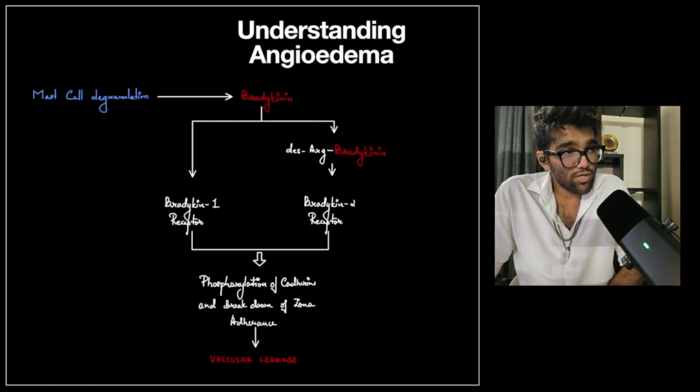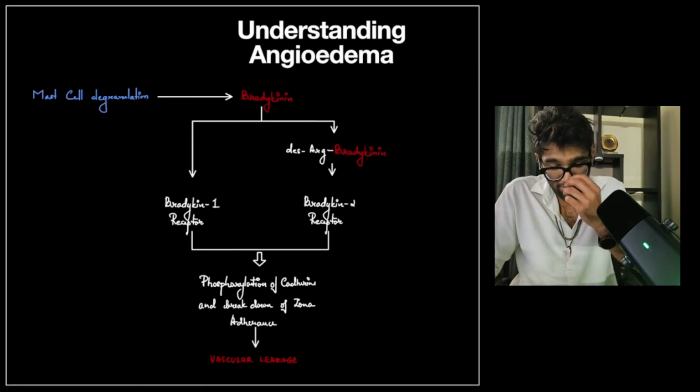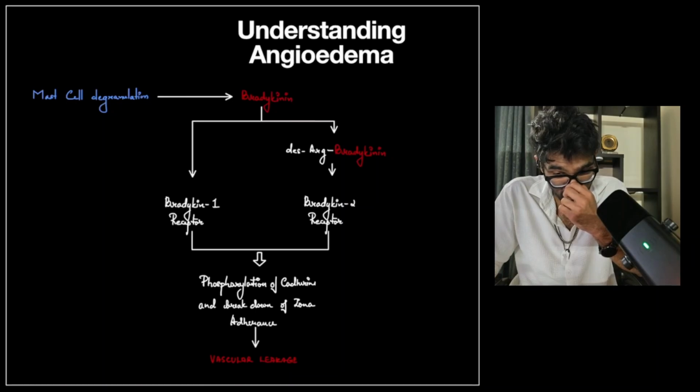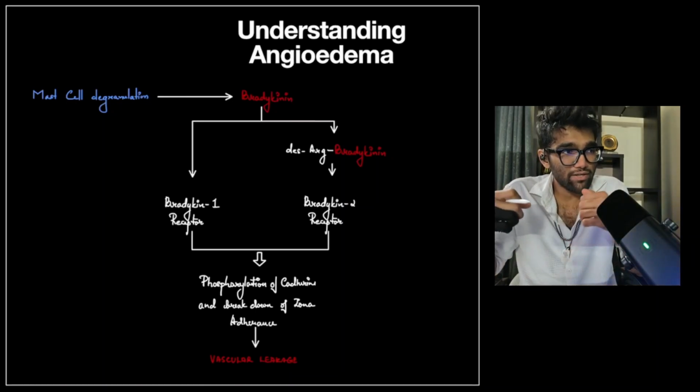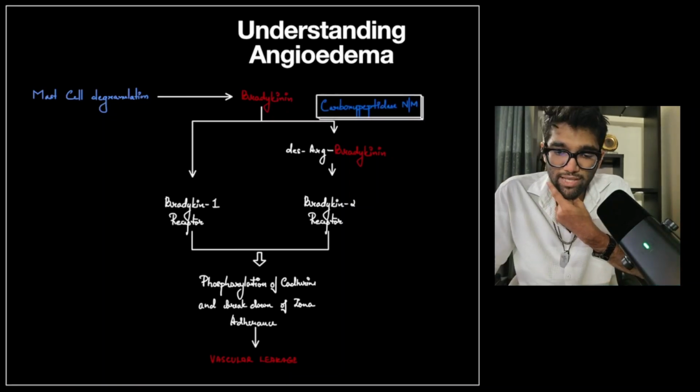This causes phosphorylation of proteins called cadherins, which form part of the zona adherens, the tight junctions between endothelial cells, resulting in these endothelial cells becoming separated from one another, and as a result, there is leakage of fluid into the tissue surrounding those vessels. So that's what's happening with angioedema.